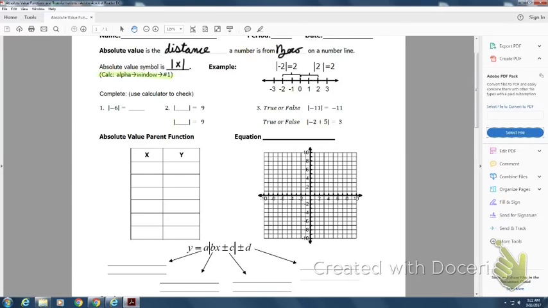And there on the number line, again, the absolute value of -2 is 2 because it is 2 units from 0. The absolute value of +2 is 2 units from 0, so it would be 2.